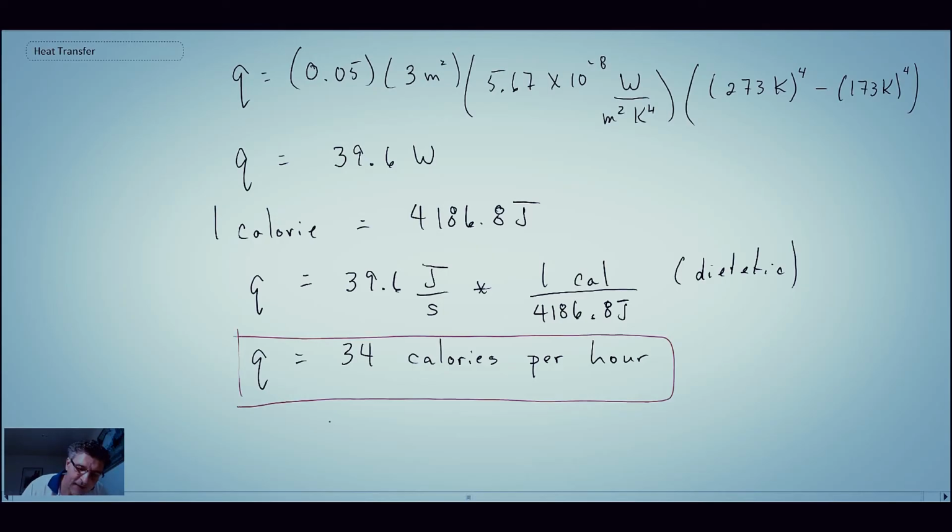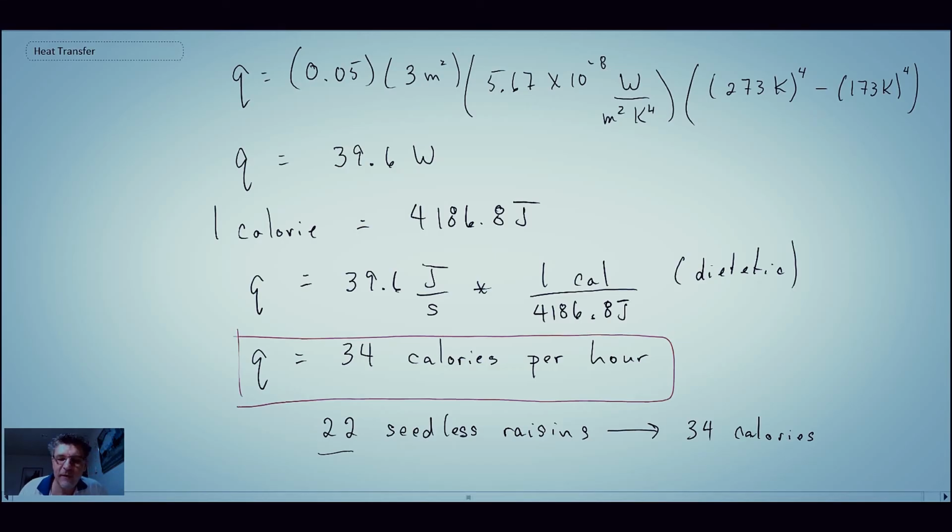If she has seedless raisins, I looked it up, and 22 seedless raisins have 34 calories. So if this astronaut wants to maintain the overall balance and overcome the heat loss, she would need to eat 22 raisins within an hour. So that's about a raisin every 2 minutes.